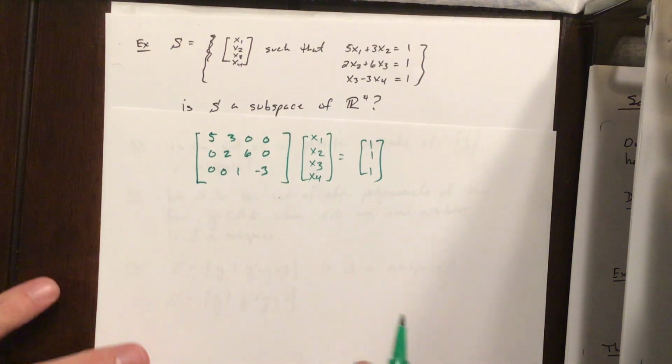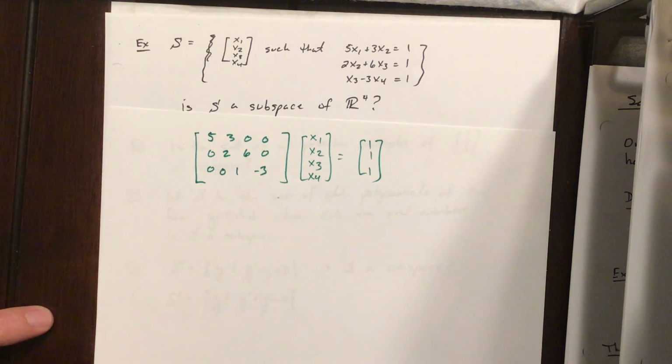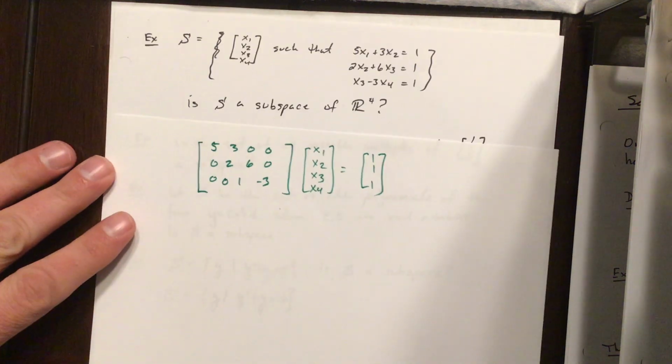They're describing the set of all vectors that when multiplied by this matrix output 1. And the question is, is that describing a subspace?